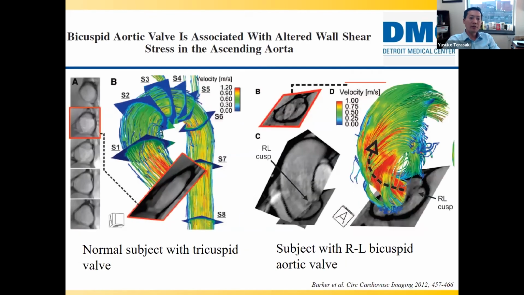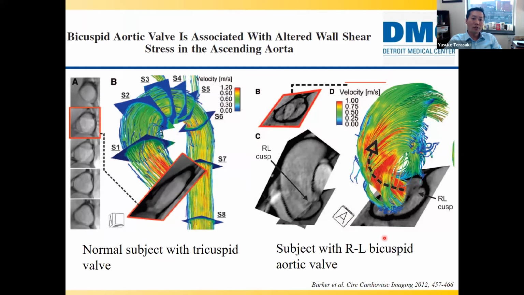And here's the hemodynamics that we talked about. This is what's called a 4-dimensional flow MRI of a tricuspid valve, so normal anatomy. You can see that there's really good laminar flow past the aortic valve, up the ascending aorta, across the aortic arch, and down the descending. There's really not much turbulence.